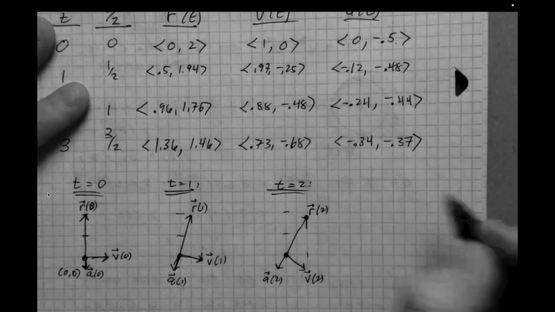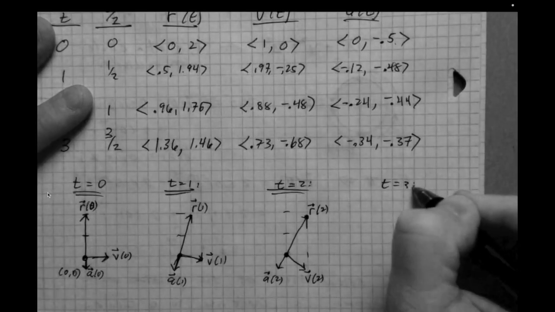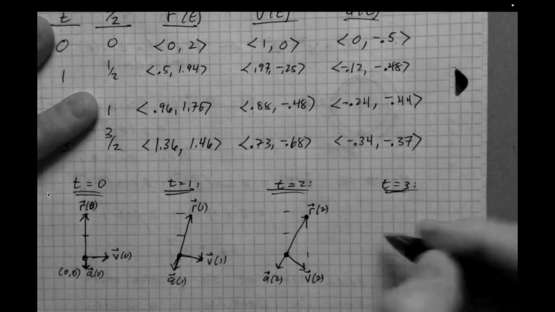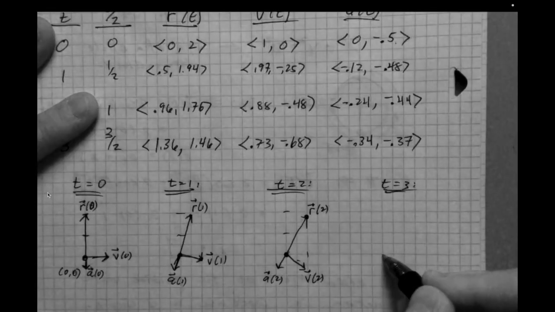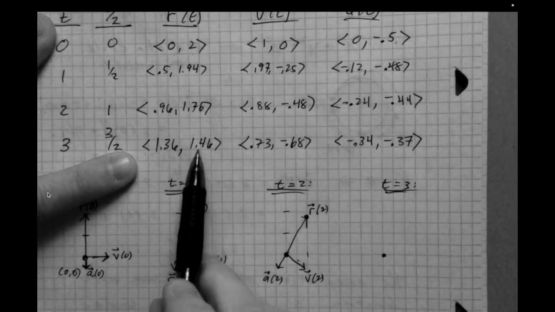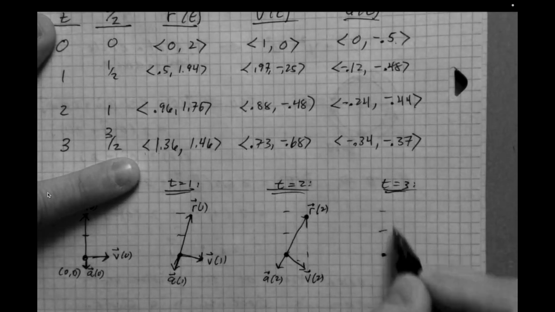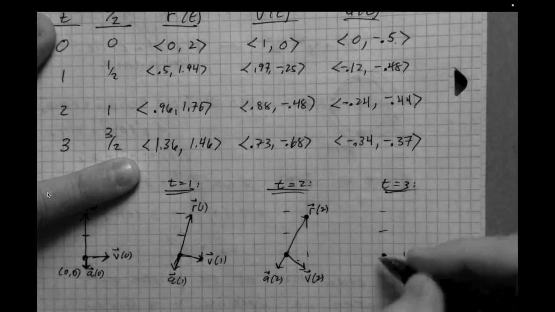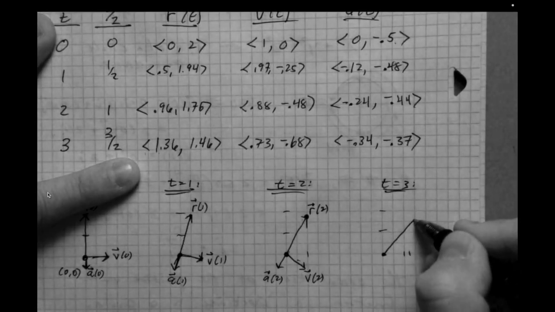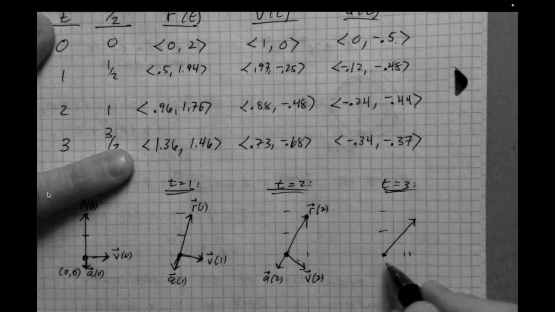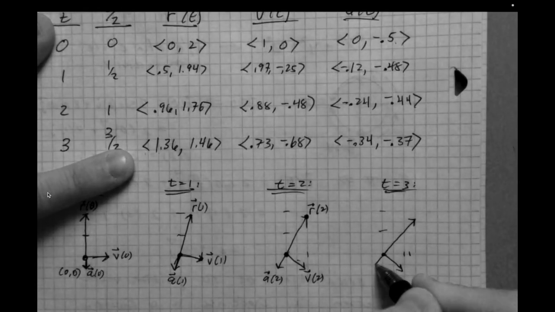And then, just for completion, we'll put in t equals 3, since we have the data. It's just a little bit further over, isn't it? Right, it's 1.36 and 1.46. So it's maybe over here like this, we'll say. Right, and velocity is doing that, and acceleration is doing that.